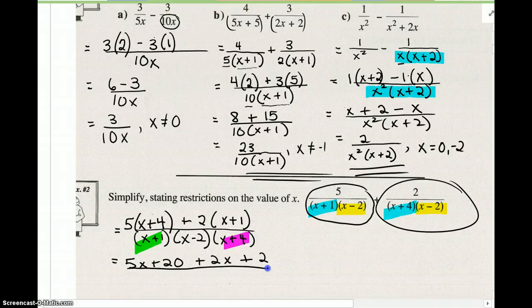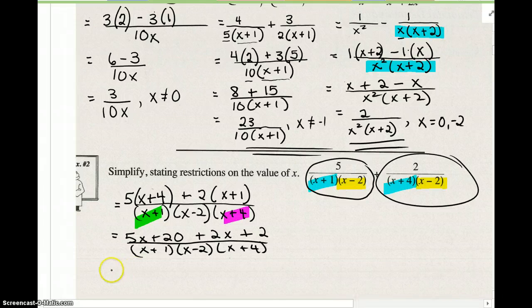On the bottom, my denominator stays the same. And I collect my like terms. 5x plus 2x is 7x plus 22. And I rewrite my denominator.